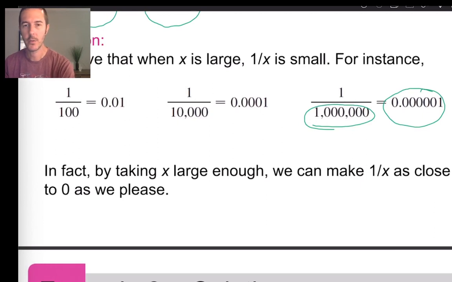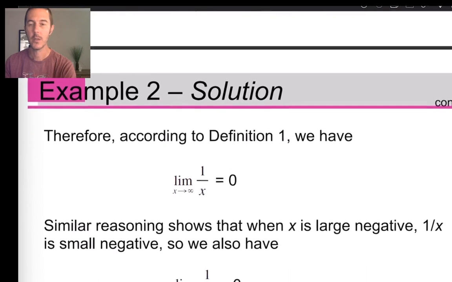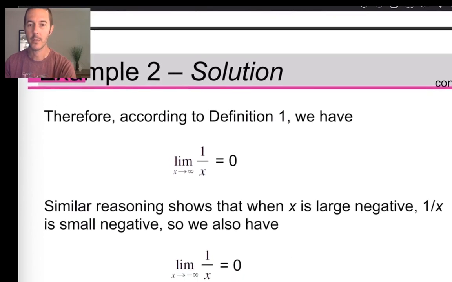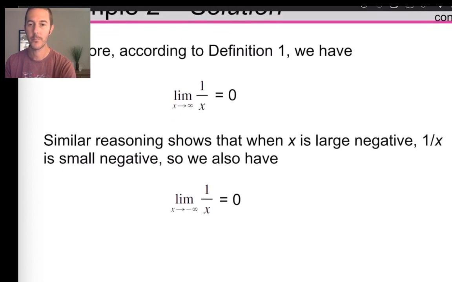And we've seen this language many times now, that by taking x large enough or sufficiently large, we can make 1 over x as close to 0 as we please. And therefore, we can say that the limit going in either direction, whether we take 1 and divide it by an arbitrarily large positive number or negative number, the result is going to be a y value that continuously gets closer and closer to 0.